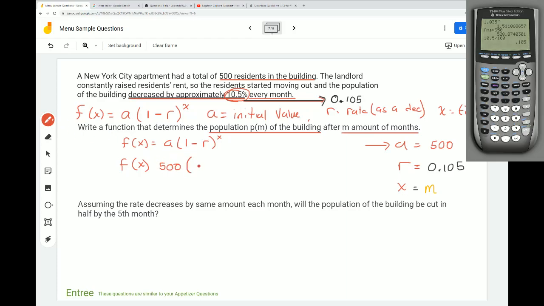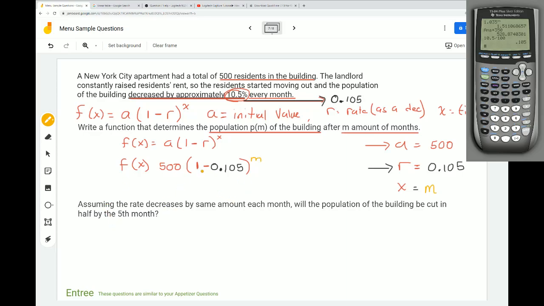We're going to continue writing times 1 minus, what's our rate? Our R value is our rate. So our rate is 0.105. We're going to close those parentheses, and to the x power. But for this, again, they told us that time is months, and that is represented by m, so to the m power.